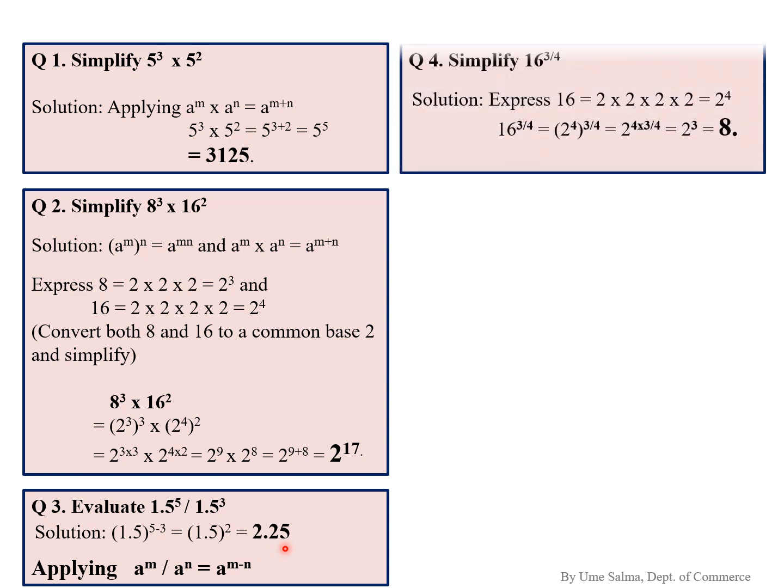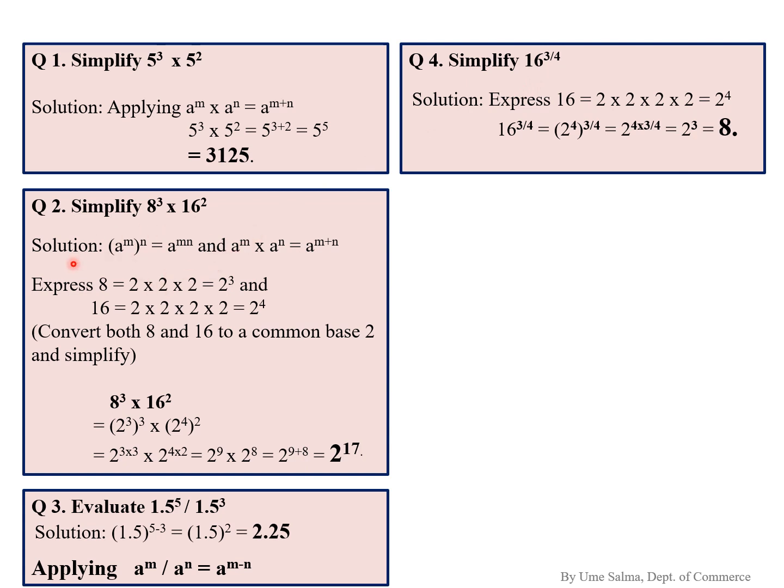Next problem, simplify 16 to the power 3 by 4. Here you have the exponent in a fraction form. So we are going to express this 16 in the form of 2 to the power 4, as it will be easier for us to further solve this problem using any law.